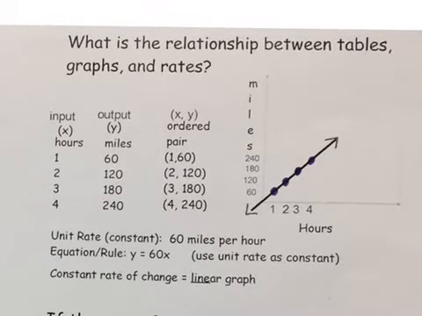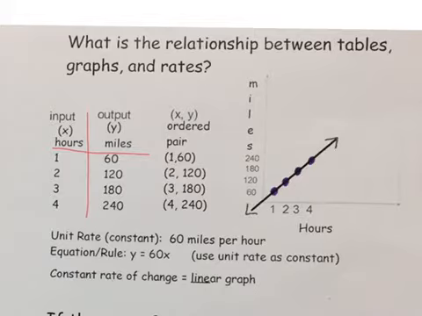Whenever you look at your input-output table right here, this is like your chart, okay? Your input is your x, which is hours. Your output is your y, which is miles. Those create ordered pairs. So your first one is going to be the x is 1 and your y is 60.